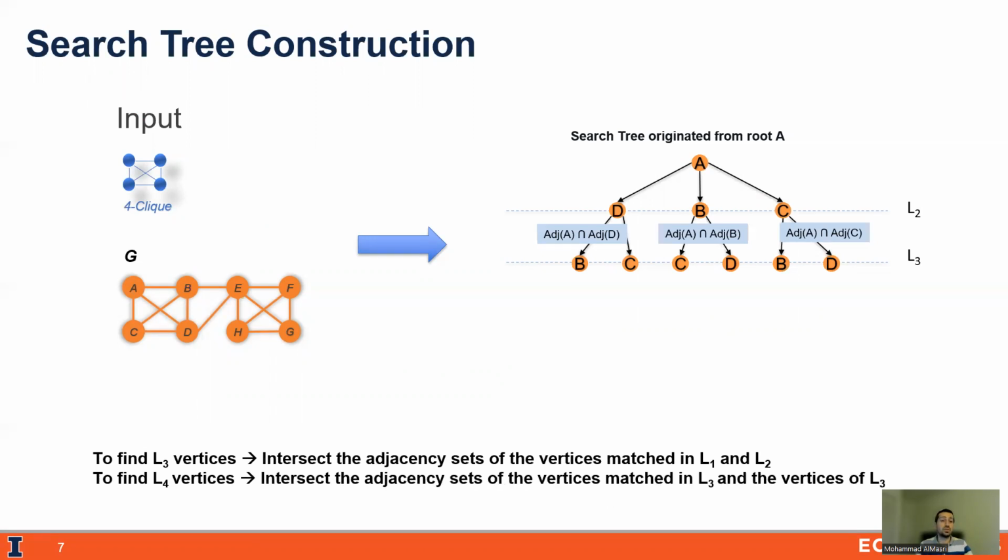Next, to find the 4th level vertices, and notice that we're searching for 4-cliques, so we need to expand up to 4 levels, we need to do the same set intersection operation between the vertices matched in level 3 and the vertices of level 3 itself, which is basically the result of the intersection of level 1 and level 2. So every time you expand, you need to do this set intersection operation.